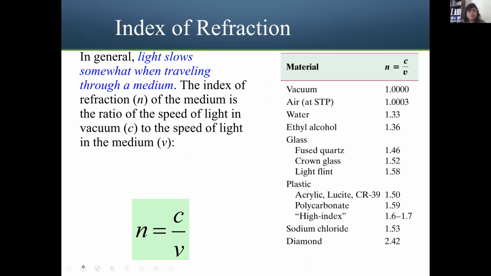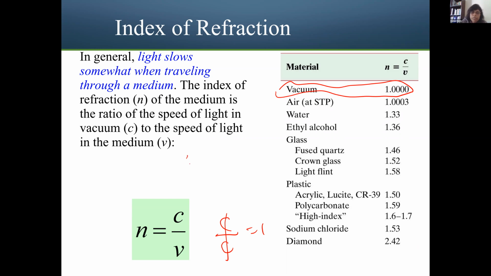Okay, so now as we know, the refractive index will be different for different media. For a vacuum, V will be exactly C, because C is the speed of light in a vacuum. Then C cancels out, and your answer will be 1. That's why we have 1 for vacuum. Right, so air is a little greater than 1, and the others are all different.